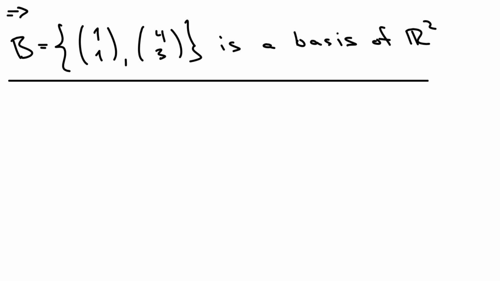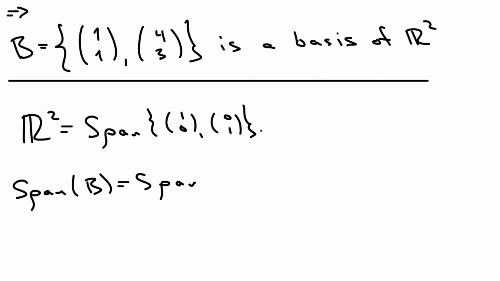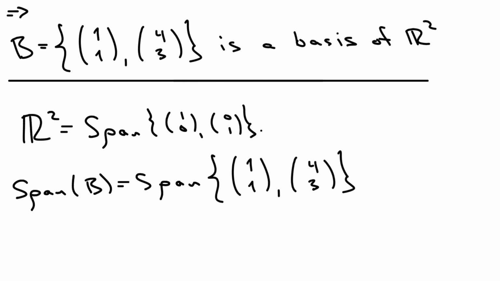Another solution would be that we know that R2 equals the span of (1, 0), (0, 1). That's the standard basis. Okay, now let's look at span of B. Span of B is just the span of these two vectors, right? The simplest solution so far is using the determinant.